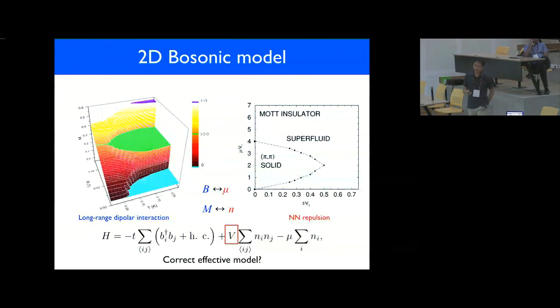But because of this long range dipole interaction, we cannot really do the same mapping as what was previously done in the Cas9 transition. So we don't know if this is a correct effective model, but this similarity is really striking.